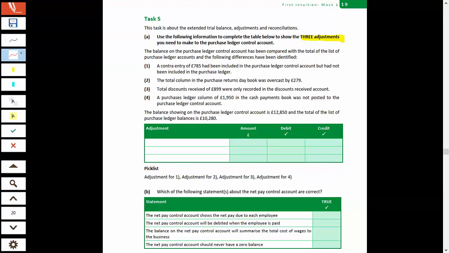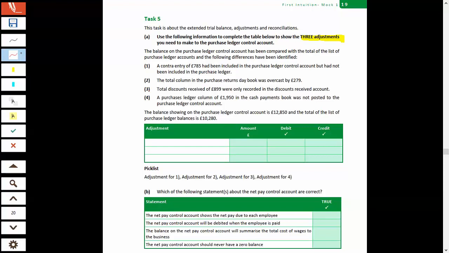So we've got adjustment 1, which is telling us that a contra entry of £785 has been included in the purchase ledger control account, but had not been included in the purchase ledger. We've got number 2, which says the total column in the purchase returns day book was overcast by £279. Number 3, total discounts received of £899 were only recorded in the discounts received account.